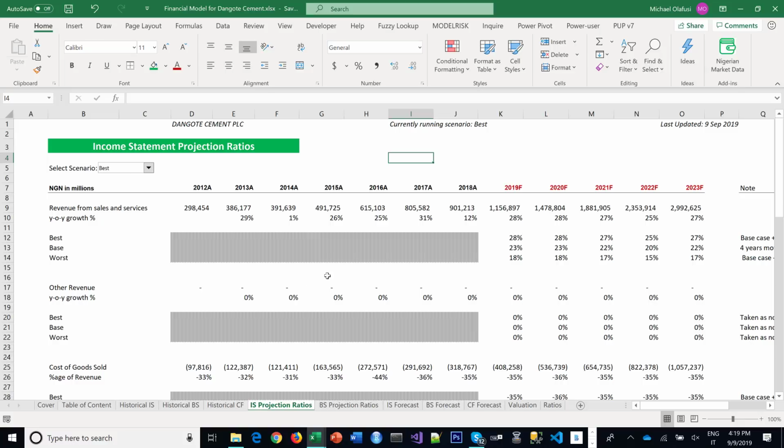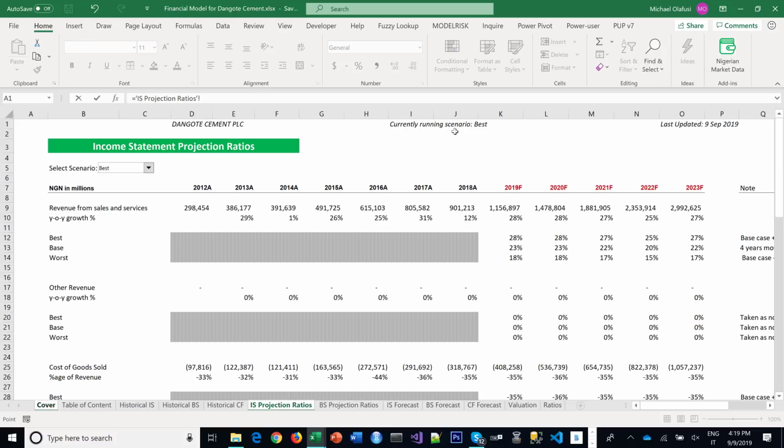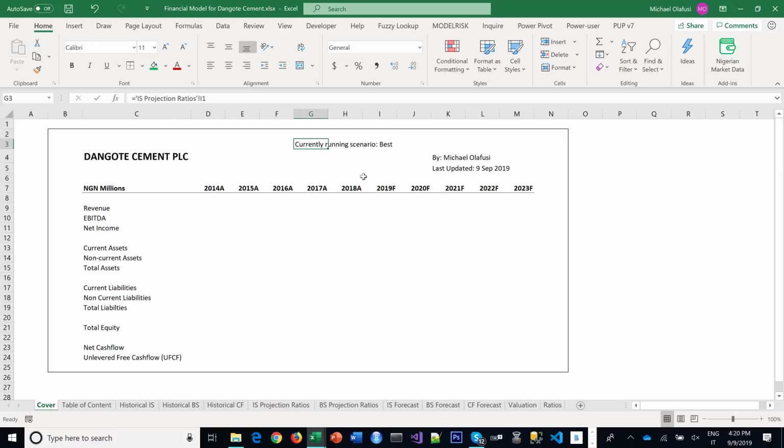I want it to show here, so I can link to it from here, so whoever is looking at my work can easily know which scenario we are running.